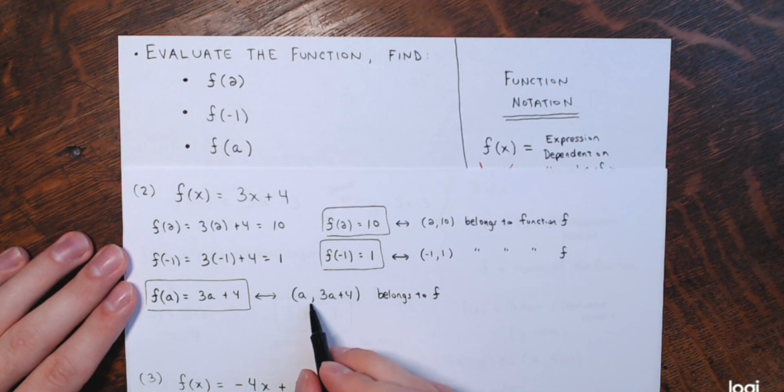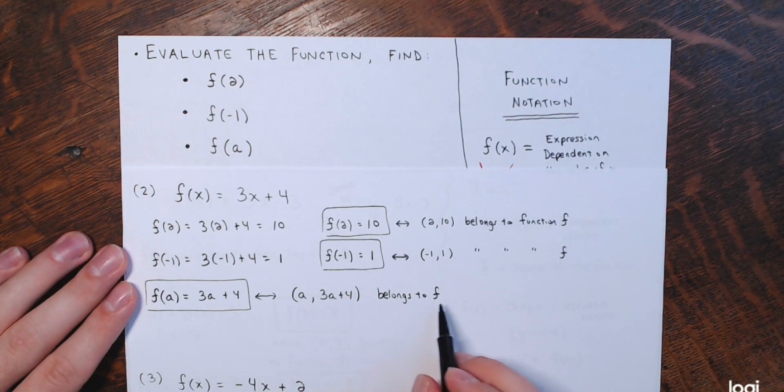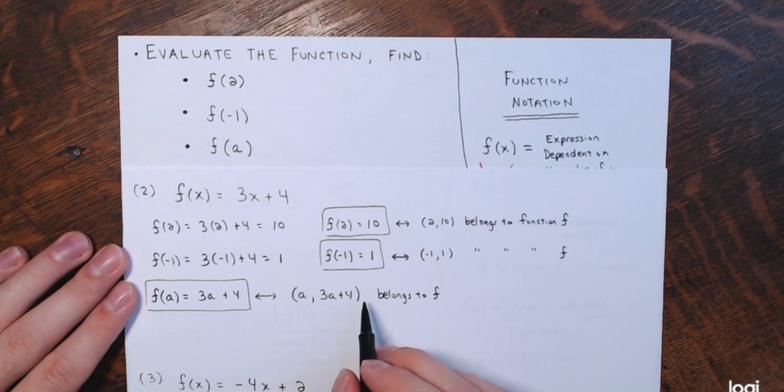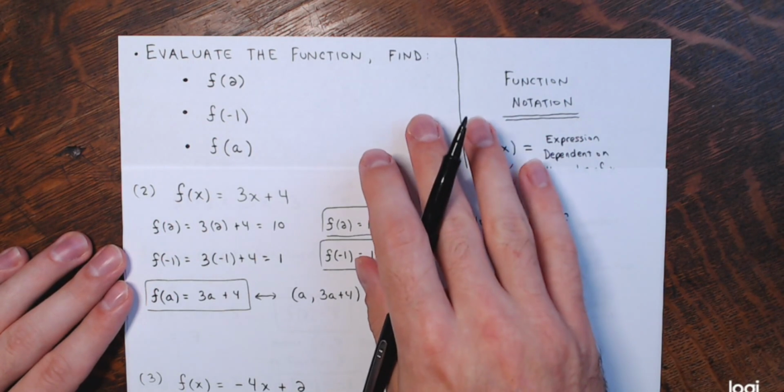And this is for any value of a. If a were 0, you'd have the ordered pair 0, 4 belongs to f. That'd be on the graph of f. If a were 5, 5, 19 would belong to f, and so on.